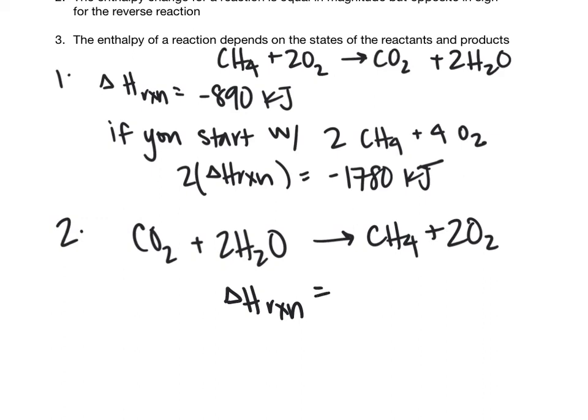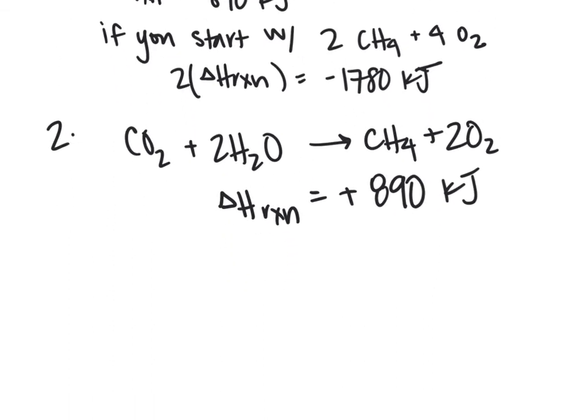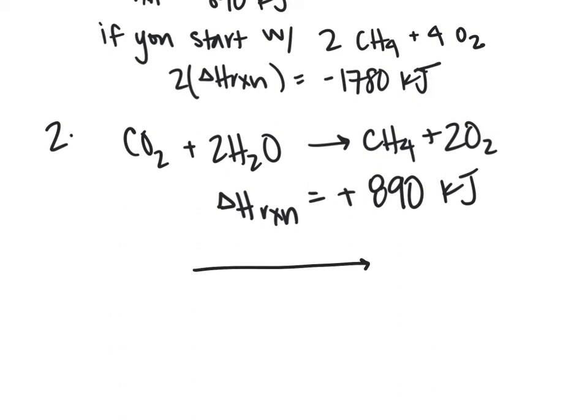So the delta H of reaction is going to be positive 890 kilojoules. So it tells us that it's the same amount of energy if we want to go this direction: if delta H equals 5, to go in the reverse direction, delta H is just going to equal negative 5. So it is the exact same size, just opposite in sign.